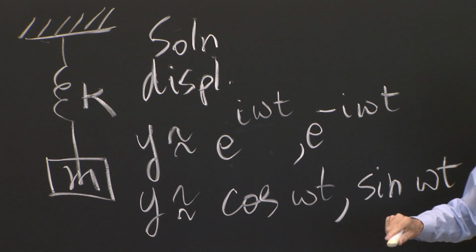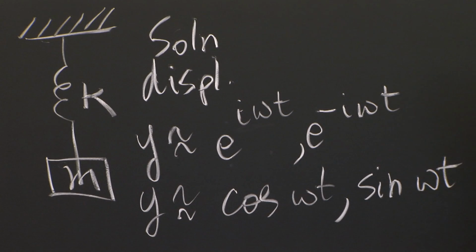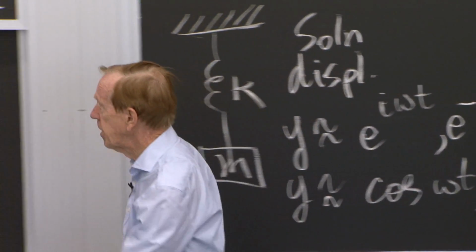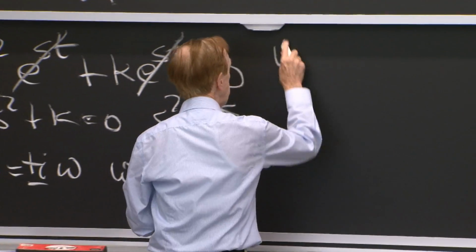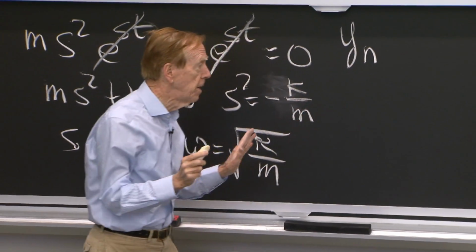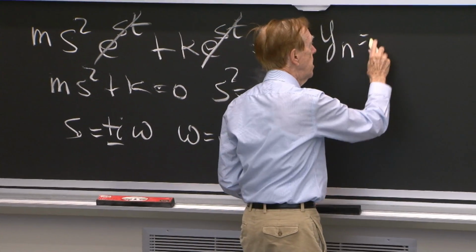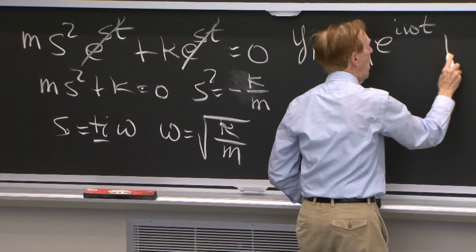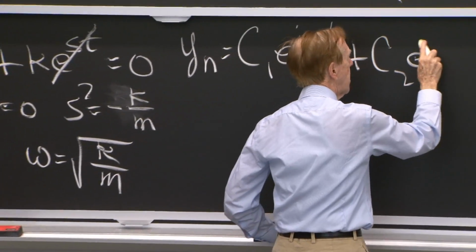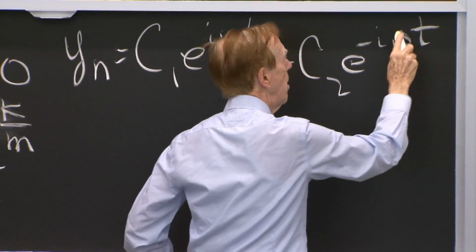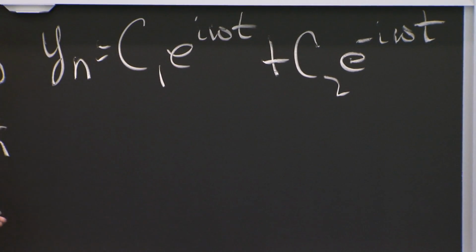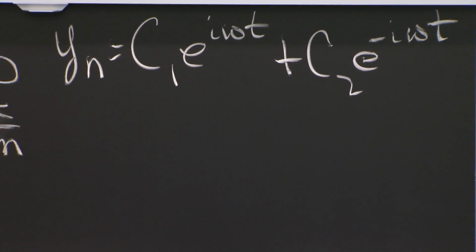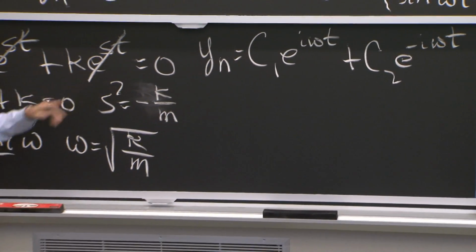I can say, okay, these were the general null solution. So let me put this down then. The null solution, I'm looking only right now at null solutions, is some combination of e to the i omega t and e to the minus i omega t. That's what we got from plugging in e to the st, discovering that s was an imaginary number, and we got these guys.